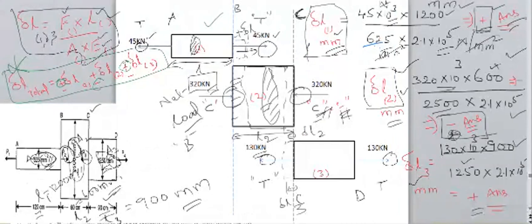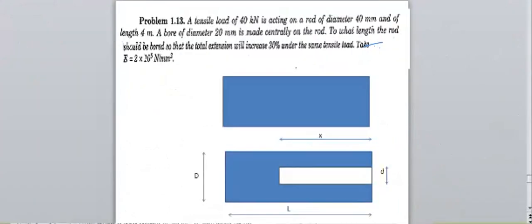So we will go for the next problem. Please read the problem. A tensile load of 40 kilonewton is acting on a rod whose diameter is 40 mm and of length 4 meters.